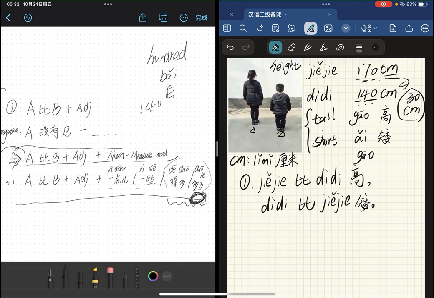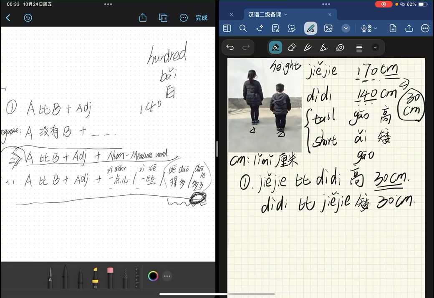I can use the second structure. 姐姐比弟弟高, and I want to compare specifically, so I add 30厘米. 姐姐比弟弟高30厘米. And 弟弟比姐姐矮30厘米. Okay, 30厘米 is 30 centimeters, the height difference.